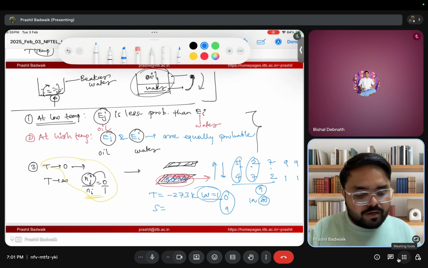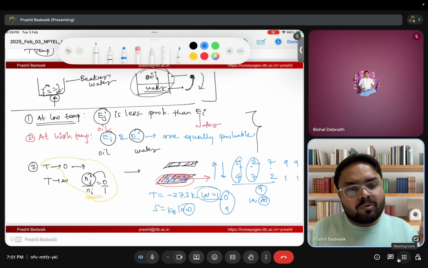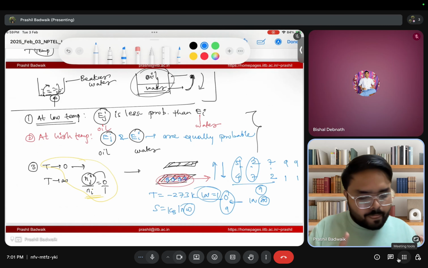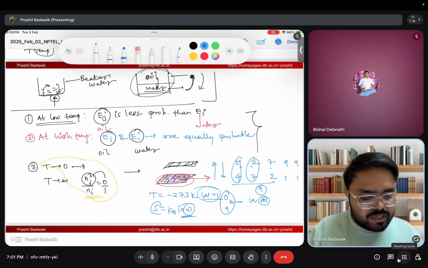What is entropy? Entropy is equal to kB ln W. What is W? W is equal to 1, right? Whenever the temperature is tending to 0, W is equal to 1. If W is equal to 1, ln of 1 is 0. That means entropy is equal to 0.